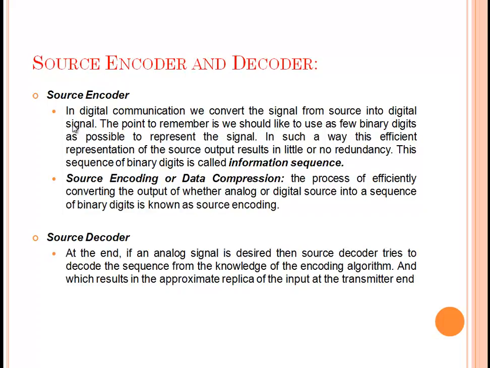The sequence of binary digits is called the information sequence. So the source encoder is actually a data compressor. It represents the bits with some other number of bits efficiently. The process of efficiently converting the output of an analog or digital source into a sequence of binary digits is known as source encoding.